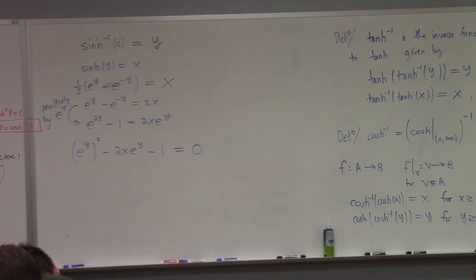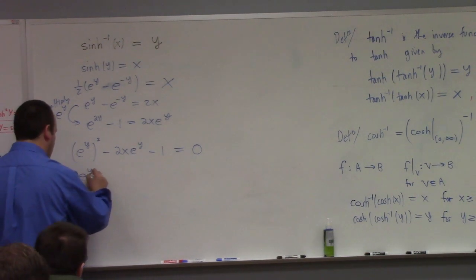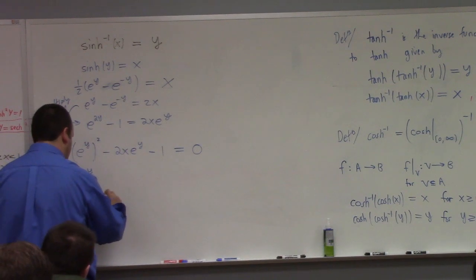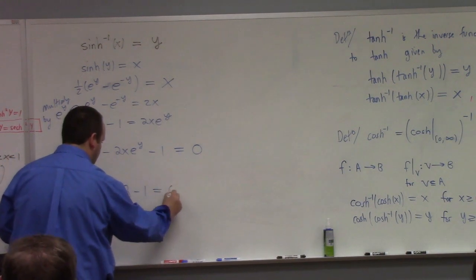Yes, oh what? It's quadratic in what? It's quadratic in e to the y. So we let lambda, let's say, equal e to the y, and we have lambda squared minus 2x lambda minus 1 equal to 0.